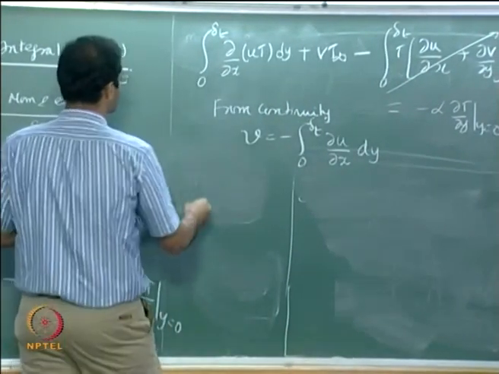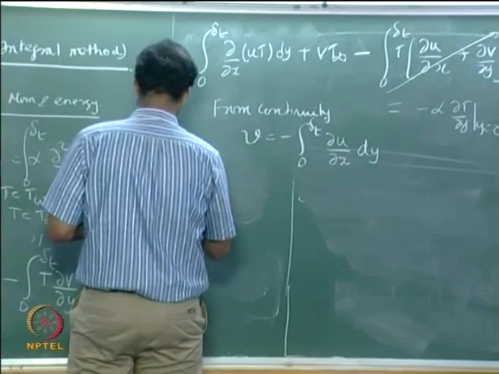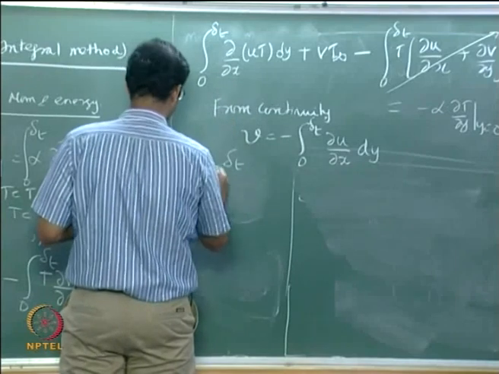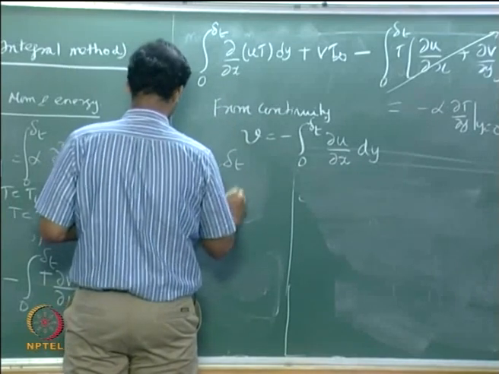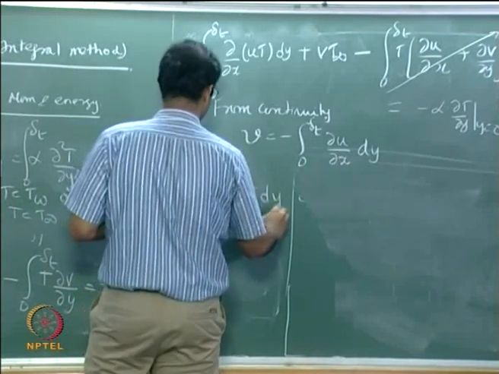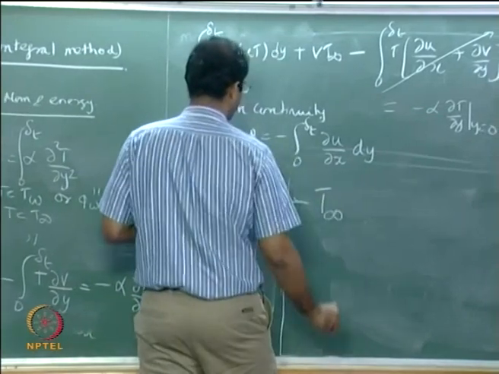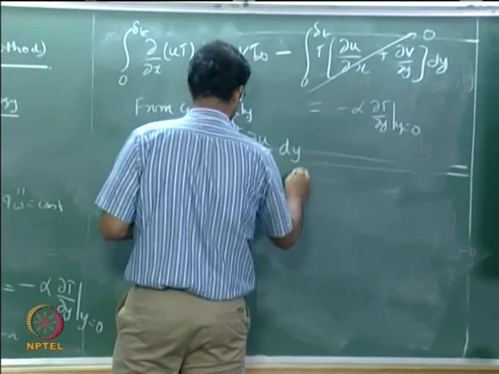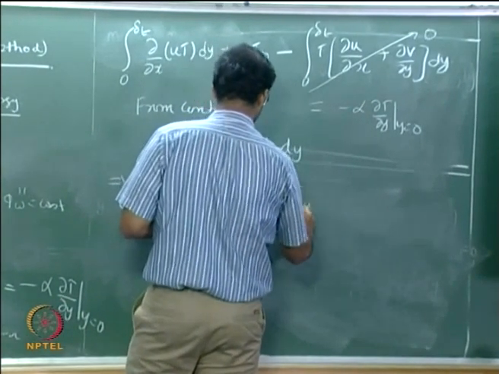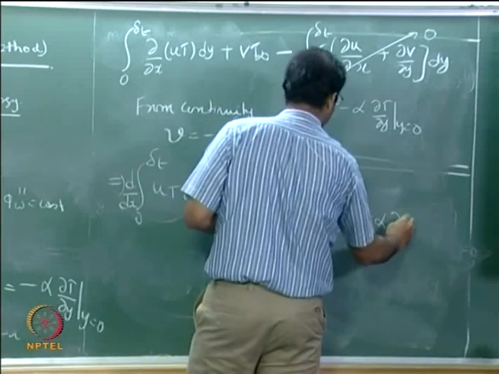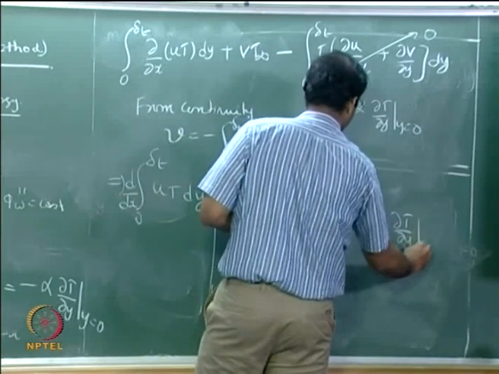If I write this in terms of u velocities, this will be integral 0 to delta T, taking d by dx out, d by dx of uT dy, minus T infinity into integral 0 to delta T of du by dx, minus alpha dT by dy at y equal to 0.